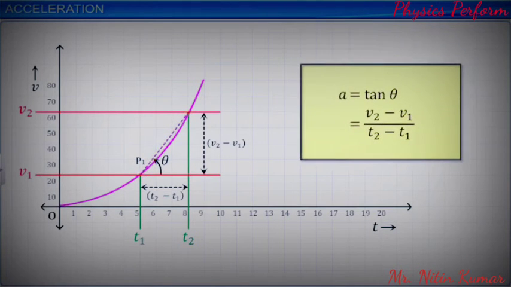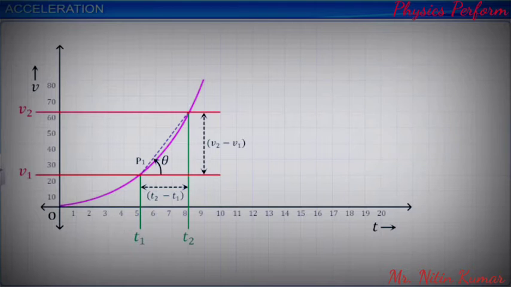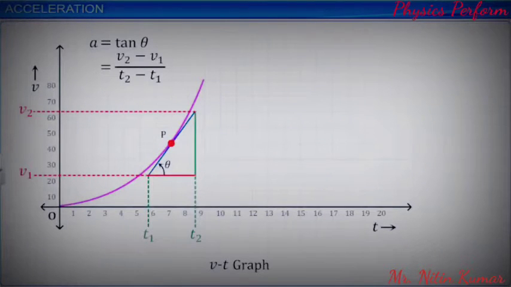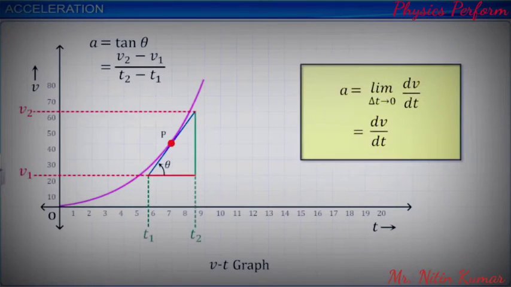Just as we defined instantaneous velocity, we can similarly define instantaneous acceleration. On the v-t graph, instantaneous acceleration at any point on the curve is represented by the slope of the tangent drawn at that point.